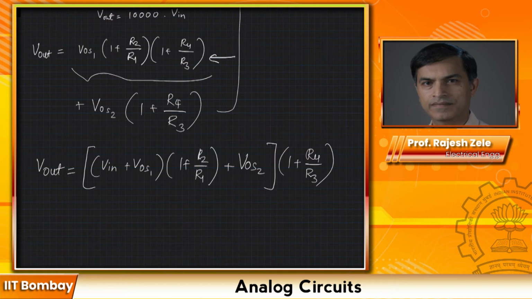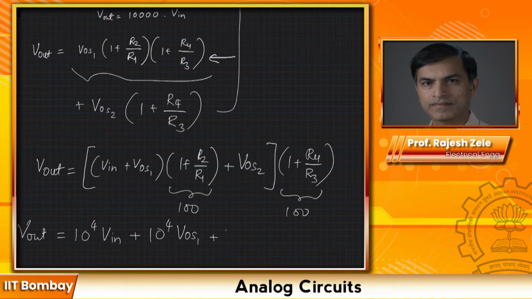Just math. Okay. And as I said again, if this is 100 and if this is 100, then we can quickly see the V out will be equal to 10 to the power 4 times V in plus 10 to the power 4 times VOS1 plus 100 times VOS2.